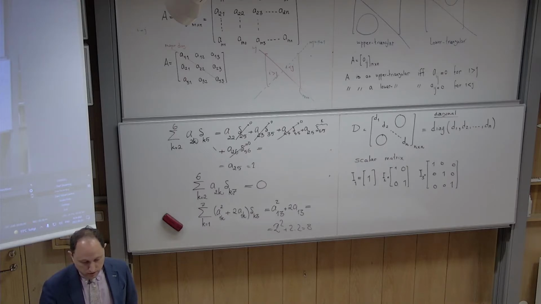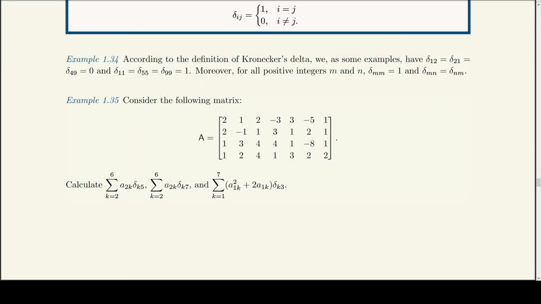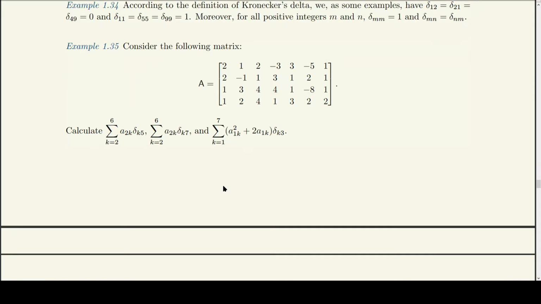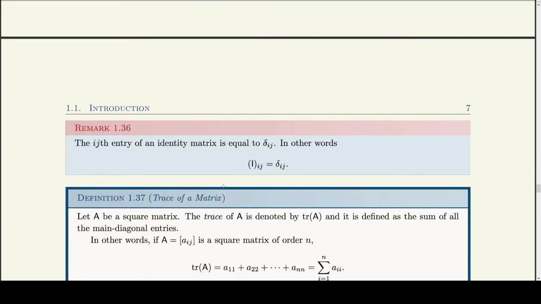Okay, so now let me see what we have here. We learned about this one as well, and that is what Rocco actually told. So that is one reason that this delta symbol is important. If I give you an identity matrix, and I ask you what is the entry of the identity matrix sitting on the ith row, jth column, it is exactly the Kronecker delta ij. Yes. So let me go back to the board.